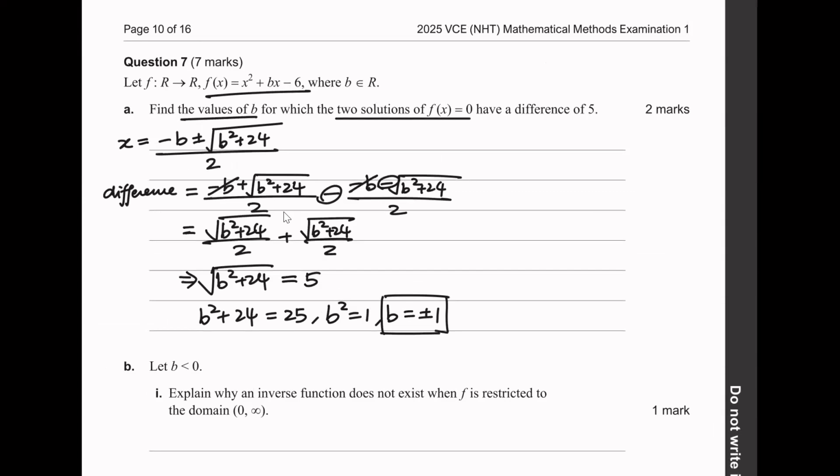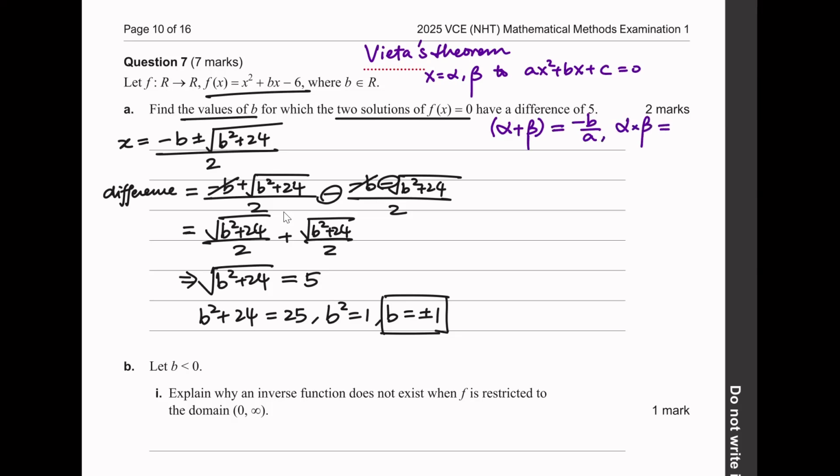Some would use, let's say, a thing called the Vieta's theorem. Like x equals to alpha, beta to ax squared plus bx plus c equals to 0. Then you would get, let's say, alpha plus beta equals to minus b over a, and alpha times beta equals to c over a, something along this line, okay?